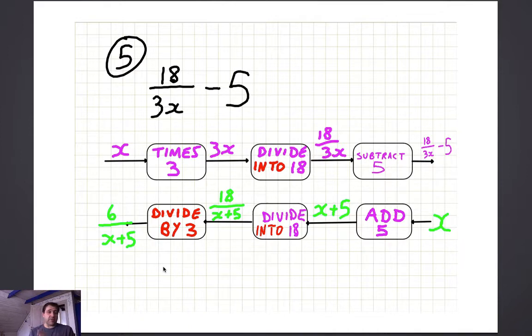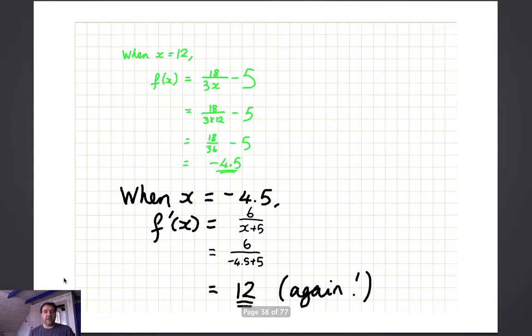And you can check that by putting a random number into that and seeing what you get out, and then putting that result into 6 over x plus 5 and seeing that you get back to the original number. And then here, in fact, I'm doing that. So I started with, let's say, x is 12. So 18 over 3x minus 5 would be 18 over 3 times 12 minus 5, which comes out to be minus 4.5.